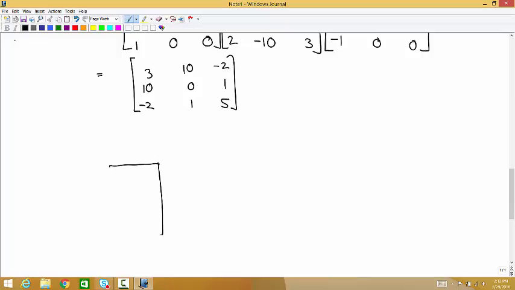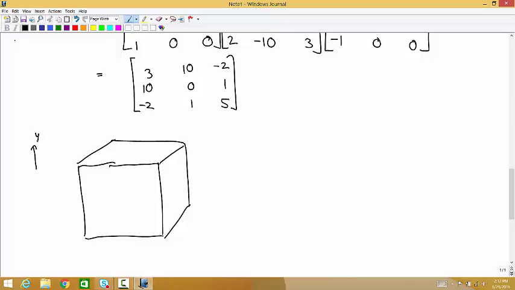So I'm going to draw it in this orientation. And let's see. We still have the y-axis going this way because that's what we rotated around. We rotated positive 90 degrees about y, so this way, which means the x-axis that used to be that way is now pointing back.